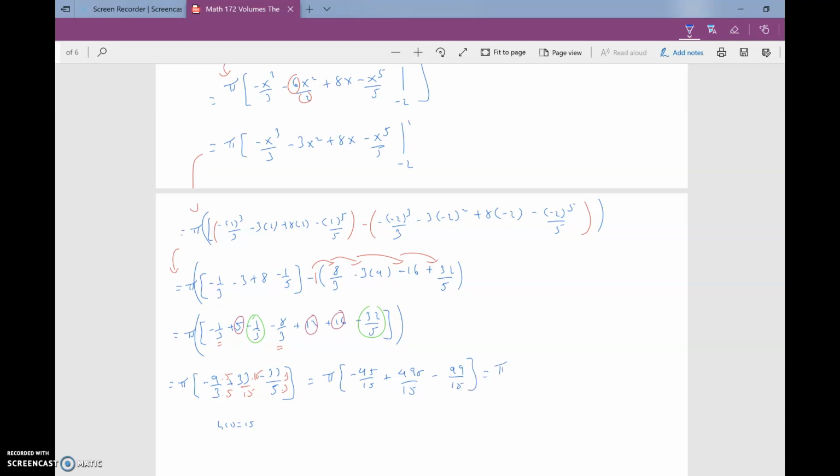So this is just pi times -45 plus 495 minus 99 over 15.